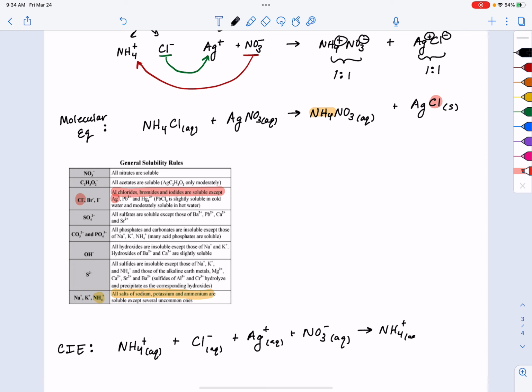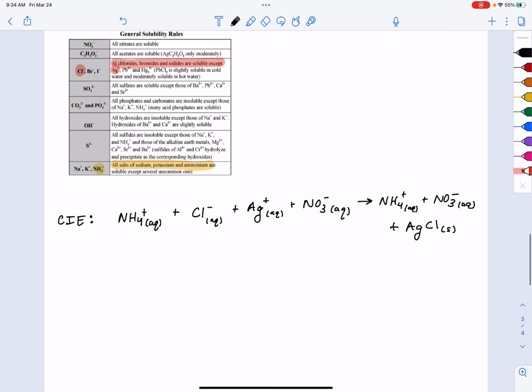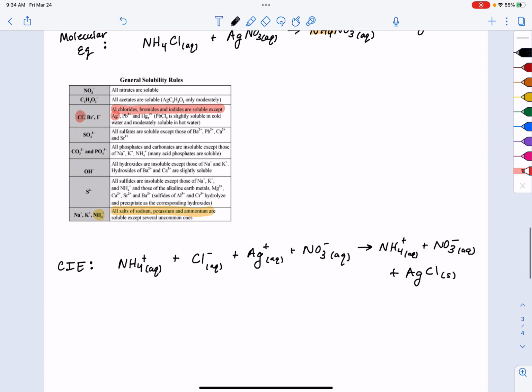So we have ammonium ion and the nitrate ion. And then we also have our undissociated, because it is insoluble, precipitate solid product, silver chloride. So this is our complete ionic equation.